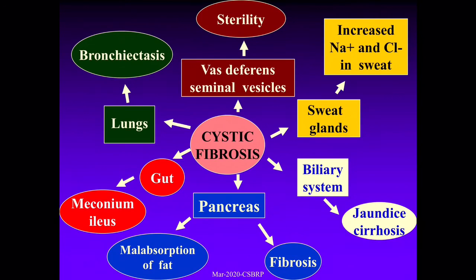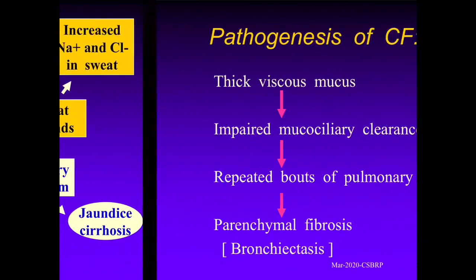In addition, another important thing is that the sweat of cystic fibrosis patients will have a higher concentration of sodium and chloride, and this is the test that is employed to detect cystic fibrosis cases. And if you recollect the first slide, it shows a baby with a collection device. That is a sweat collection device, and that sweat is tested for concentrations of sodium and chloride.